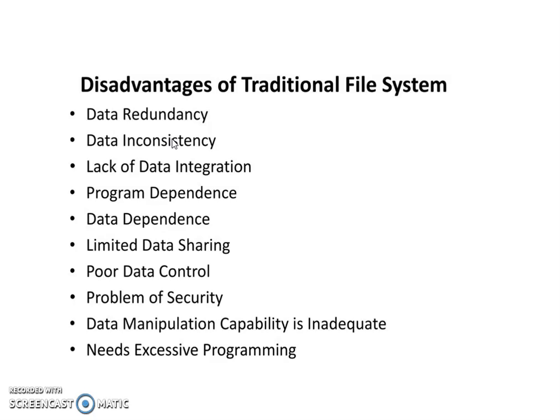For example, if the designation of an employee gets changed, then the respective changes should be made in both the employee and team files. If for some reason it is not done, it leads to data inconsistency, because for the same employee we may get different information, which may create problems in the processing of data.